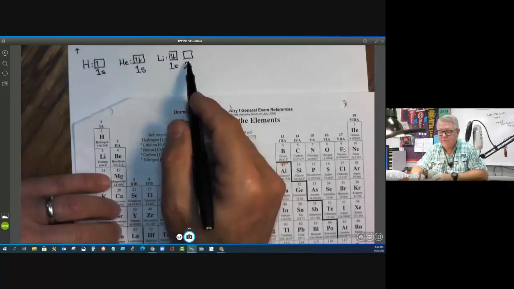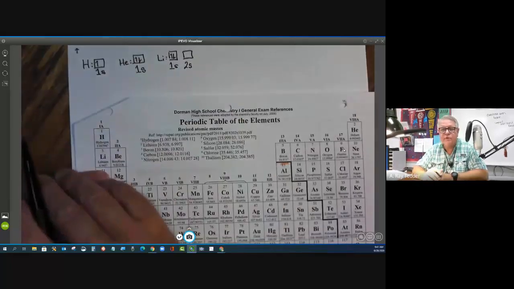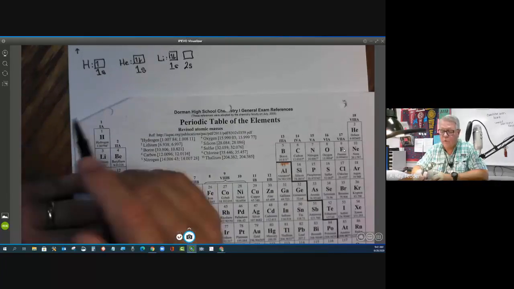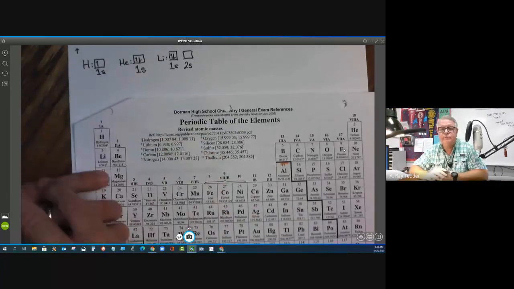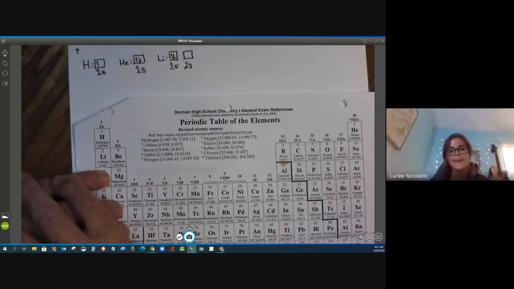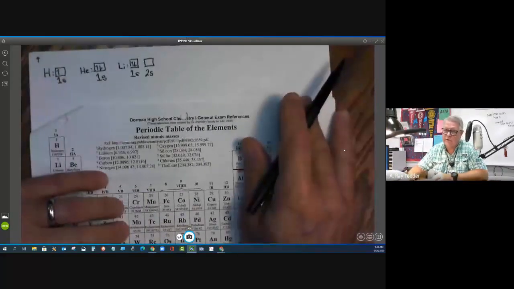What do you think that first electron for lithium is going to look like in this orbital notation arrangement? I don't know. Okay. Well, what do we make our first one look like over here? Well, that's not a 1 though, is it?